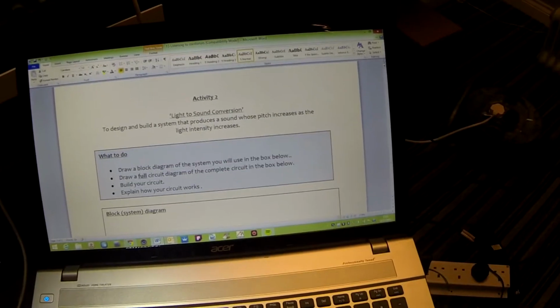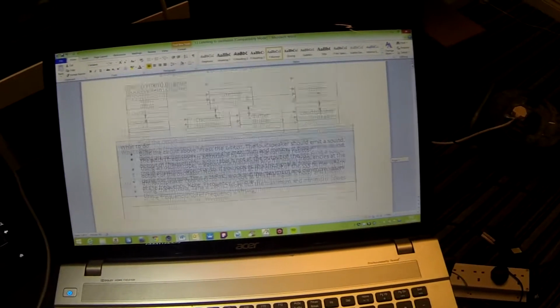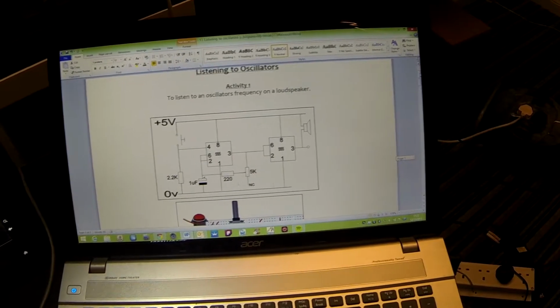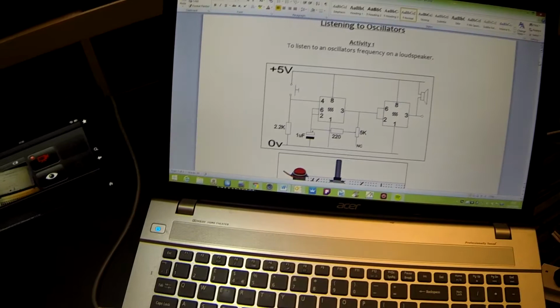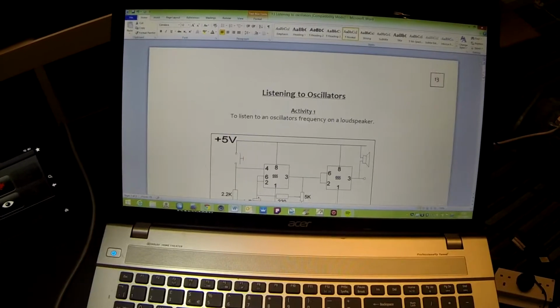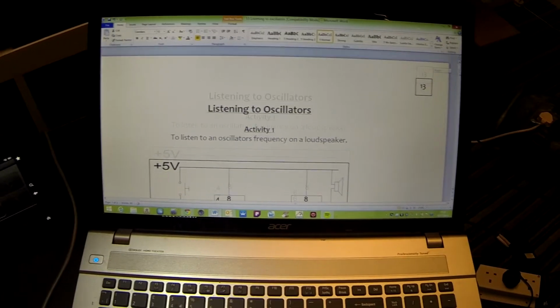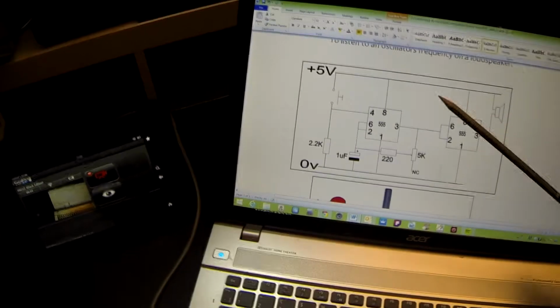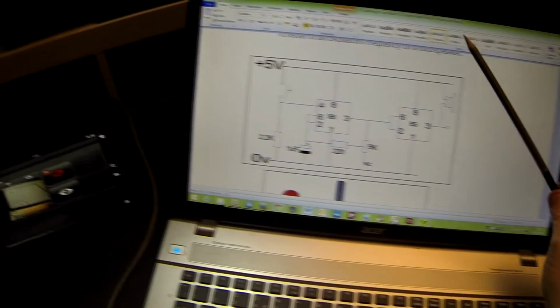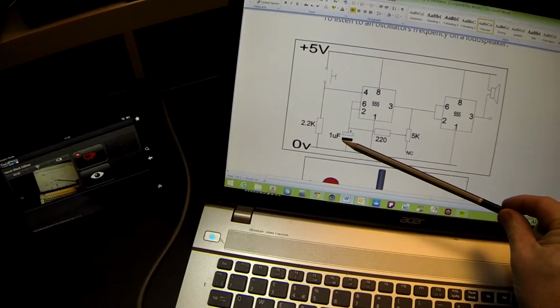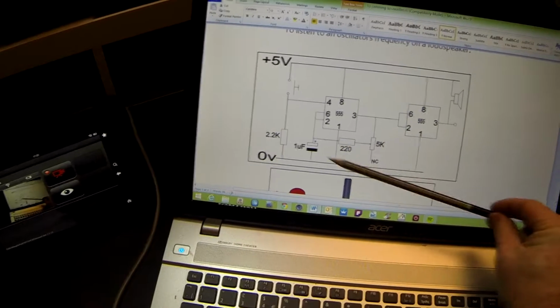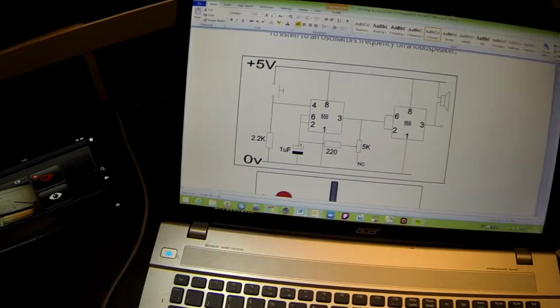Now if we go back to our original circuit diagram, just enlarge that, we can see that the components that changed the frequency were the capacitor and this little arrangement of resistors.